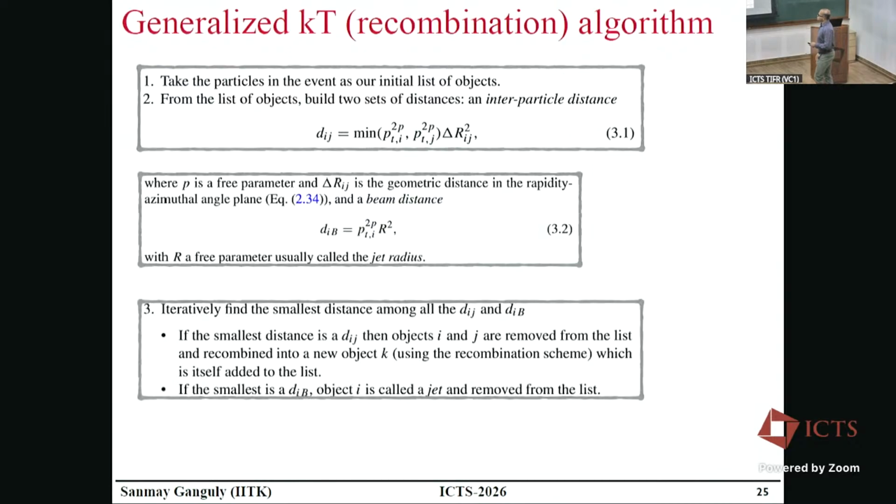And then you do an iterative clustering: if dij is less than dib, you club them together and go on until you violate the condition that dij is less than dib.